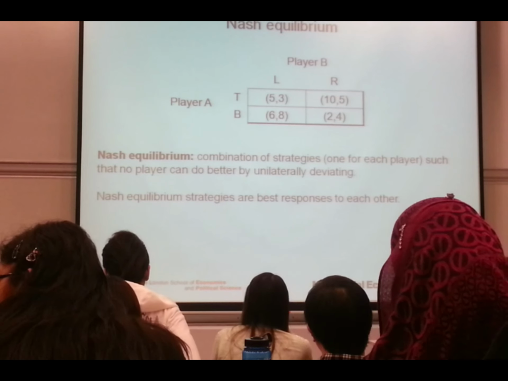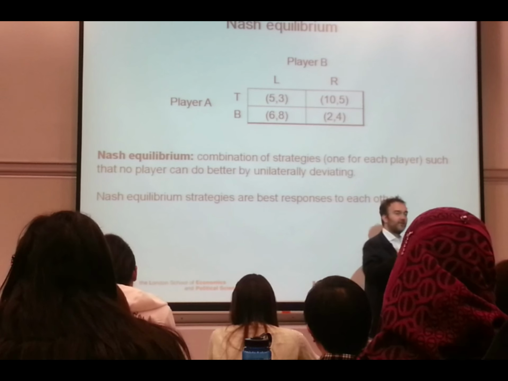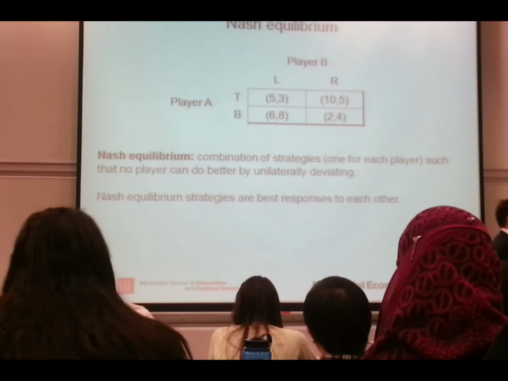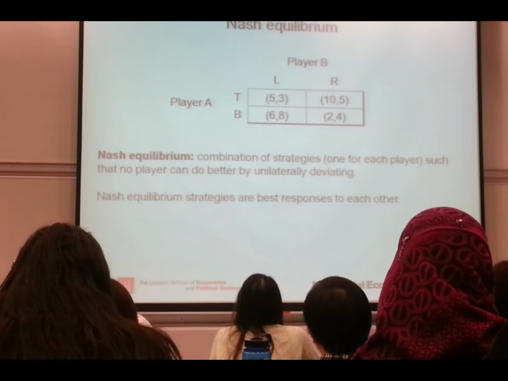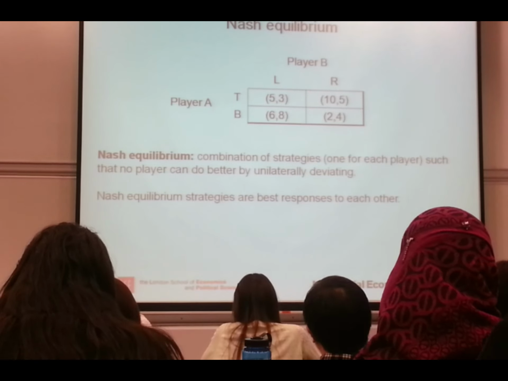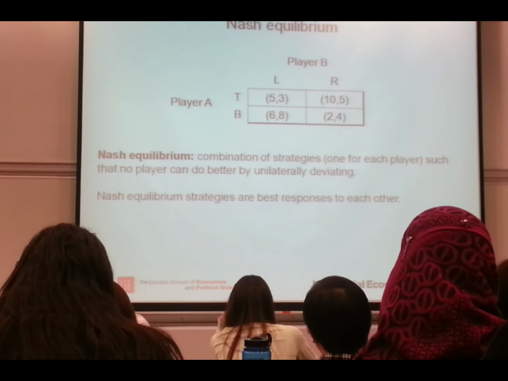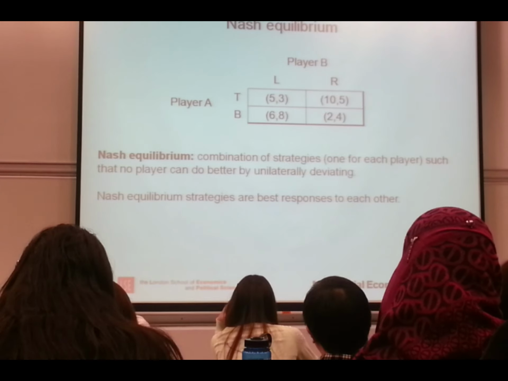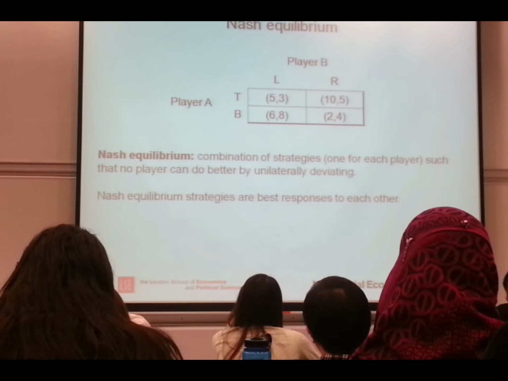So, we just looked at best responses. Best responses are, if you choose a certain behavior, what behavior maximizes my profits? That's going to be a best response. So that by definition means that Nash equilibrium strategies are best responses to each other.